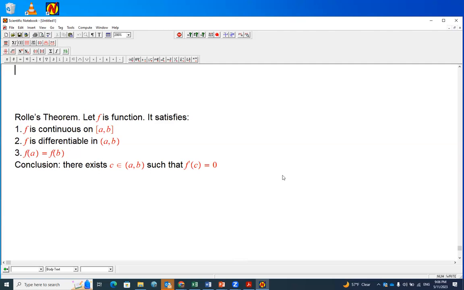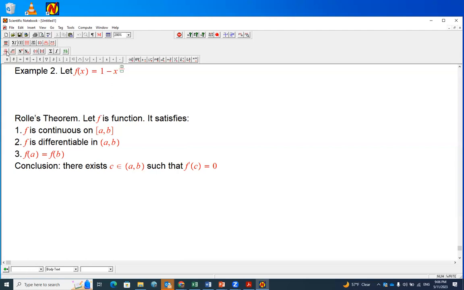And what this one says, let the function, so I'm going to call this example number 2. This is homework number 9. f of x is equal to 1 minus x raised to the power of 2/3.